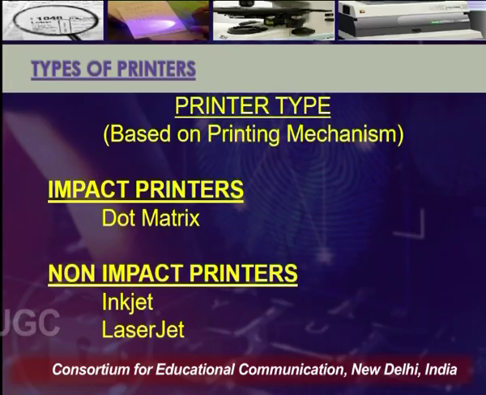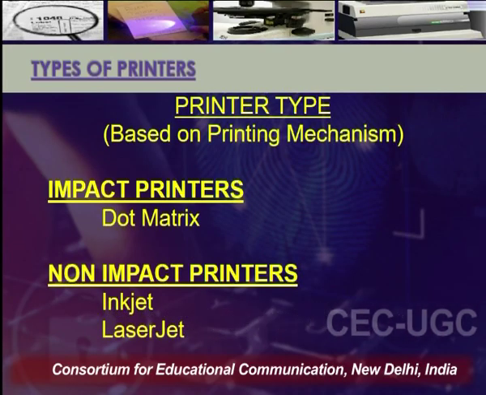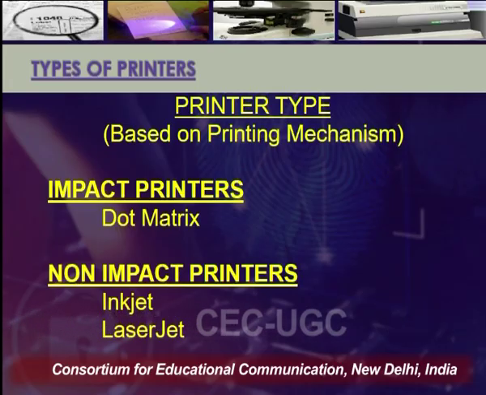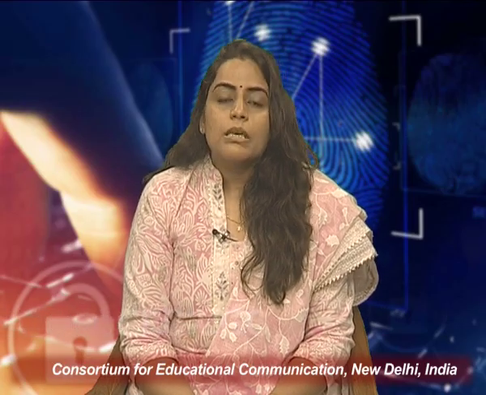In non-impact printers, such as inkjet or laser printers, the printing technology does not directly touch the paper. With impact printers, as the name suggests, there will be certain impact points that will be visible in the computer printout.